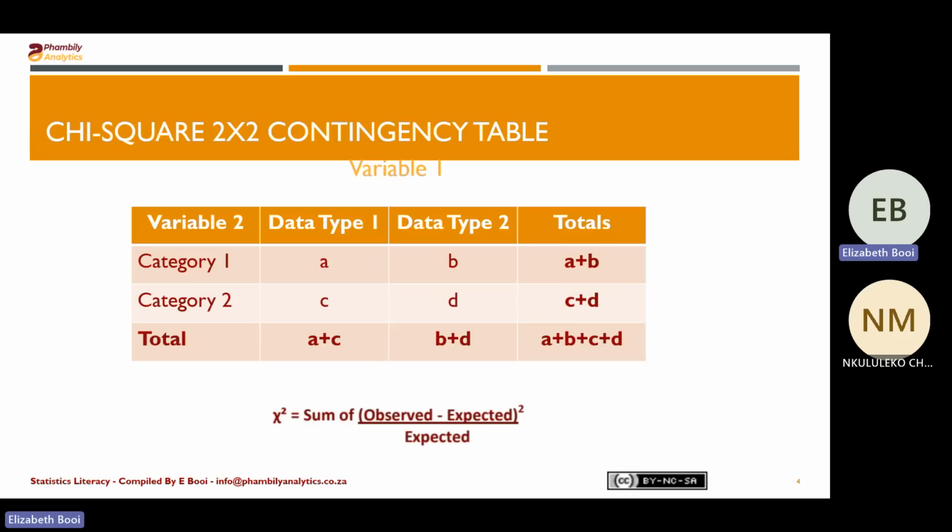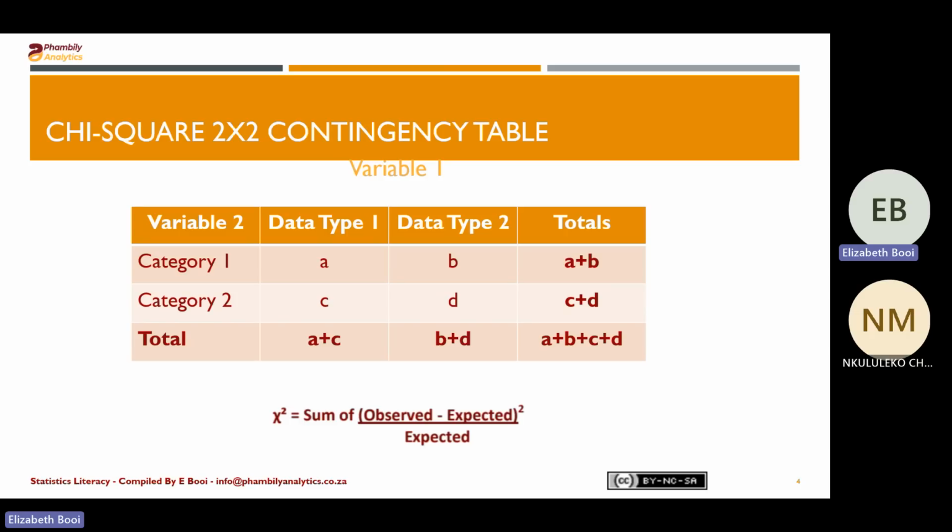Because we said we're going to be using a cross-tabulation or contingency table, with the contingency table you will have your variable 1, which, if we're using data types, will be data type 1 and 2, and then your variable 2 will be on the outside, where we use category 1 and category 2.